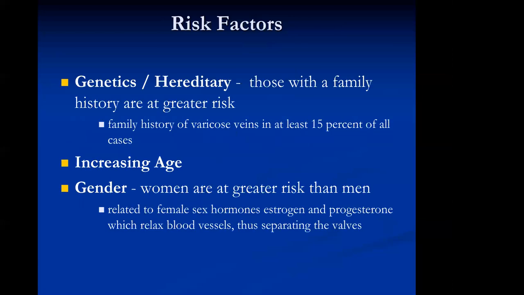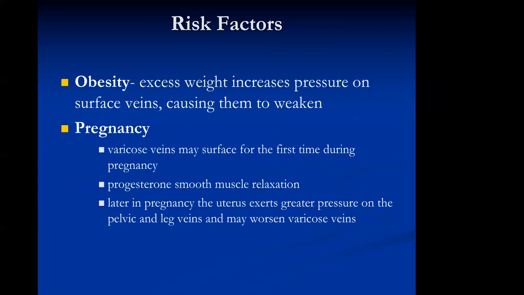So things that can increase the risk of varicoses, obviously they've seen there's a genetic risk where you do have a certain percentage of patients that come in with family history, increasing age, gender, women because of the pressure mechanics related to pregnancies, and also to hormones, which can affect the elasticity of the vein walls. With obesity, you get elevated right heart pressures that get transmitted to the veins, so that can cause them to weaken more quickly and sooner.